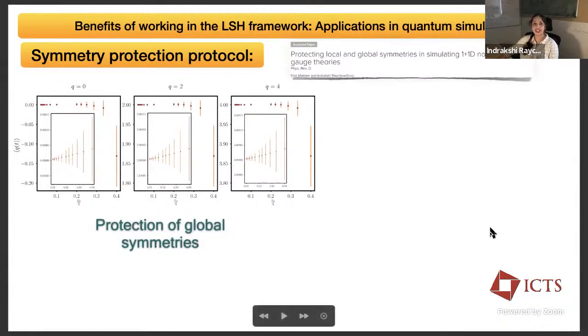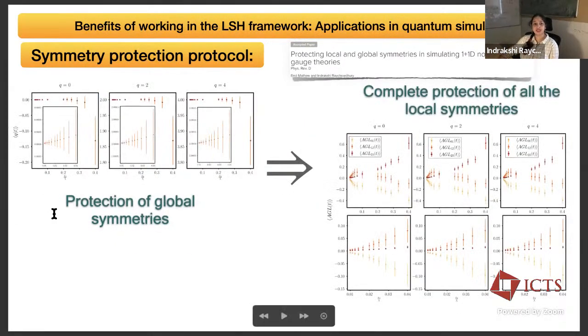The important finding here is that we have prescribed a protection scheme for the global symmetries of the theory that is also feasible for experimental demonstration as well. And the magic of this construction is that this protection of global symmetries immediately implies complete protection of all the local symmetries of the theory.